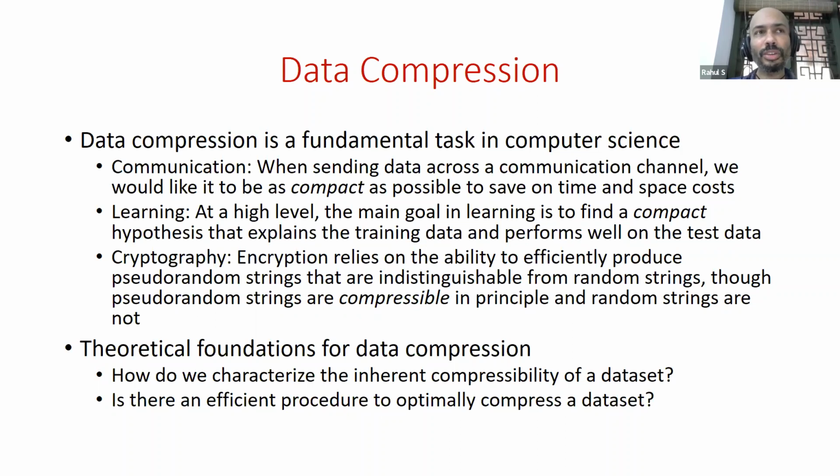So our goal is to try to establish theoretical foundations for data compression. And we can come at it from different angles. But there are a couple of questions that are very natural to ask for any framework that talks about data compression. How do we characterize the inherent compressibility of a data set? What sort of measure of the data set tells you how compressible it is? I'm going to be interested in inherent compressibility.